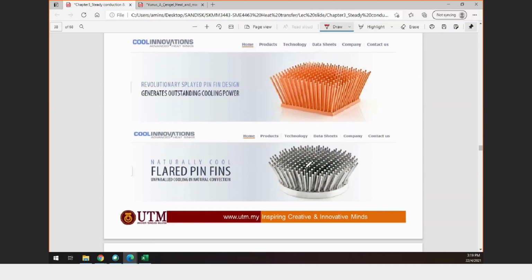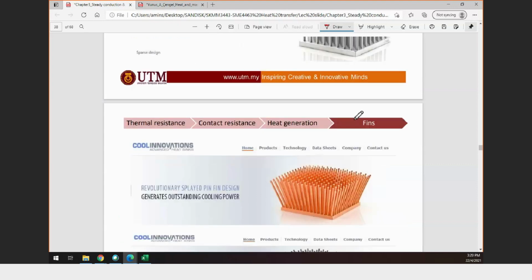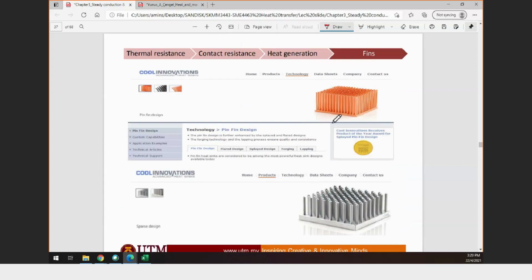I'm not sure whether this is due to the design or the picture, but originally this is a pin fin shape. Probably they just elongated the shape or the position of the pin fins so that it looks like this pattern, but originally it comes from this pin fin shape.